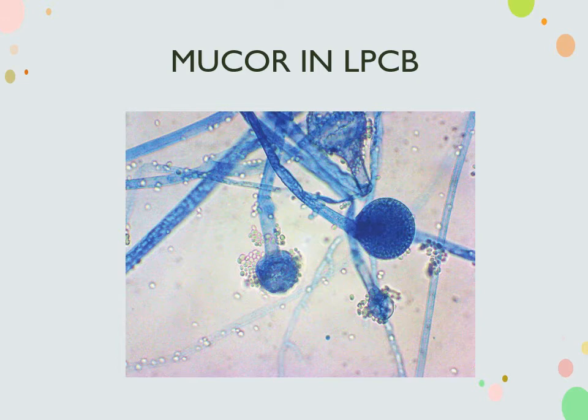When broad non-septate hyphae are there, it gives a clue that it belongs to the Zygomycetes family. Depending upon whether rhizoids are present, whether nodal or internodal rhizoids, or whether rhizoids are absent, you can easily differentiate between the different fungi under the Mucorales category.